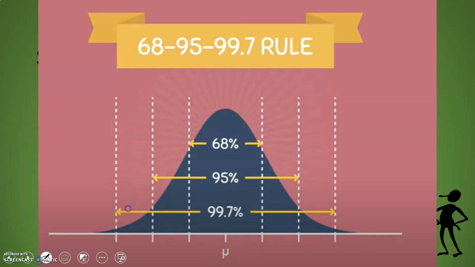Is that if this is the mean in the middle, then between each of the first standard deviations above and below the mean, it's 68%. In other words, there are 34% in each section. For two standard deviations, so two standard deviations below and two standard deviations above, there's 95%.